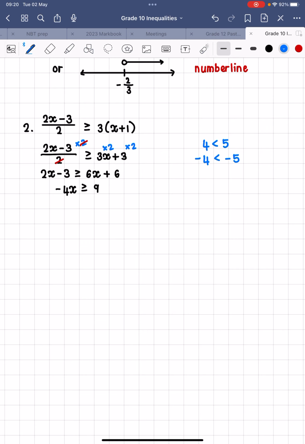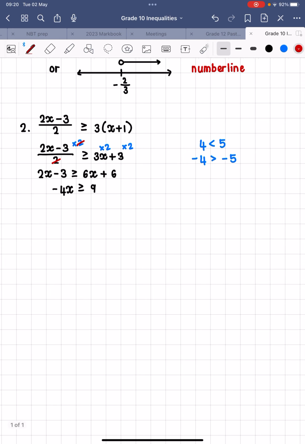No. If you're thinking on the number line, you have negative 5, negative 4, negative 3, negative 2, negative 1, and then 0, right? So if I multiply or divide through by negative 1, the symbol has to actually change direction because negative 4 actually is a bigger number than negative 5. Okay, so that is what happens when we're multiplying or dividing by a negative number.